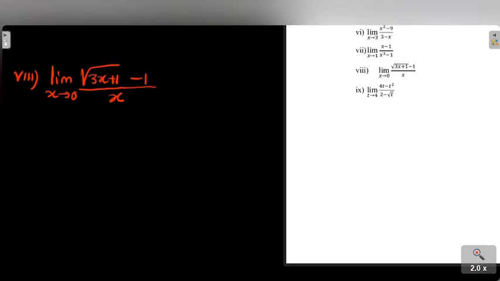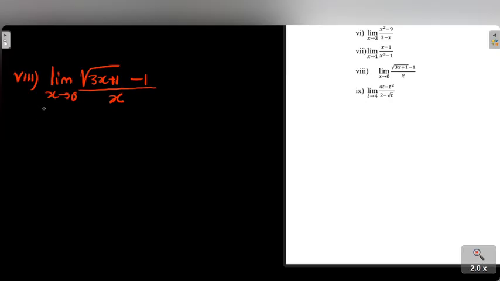So for this one, we can see that this is a fraction still. So when you test with the denominator, you're going to get a 0. So meaning that this will be undefined.